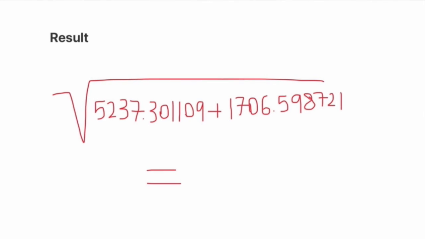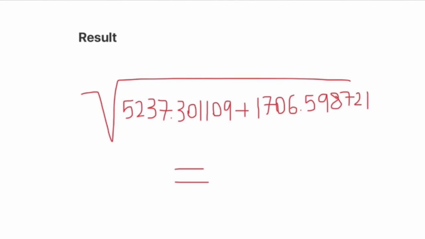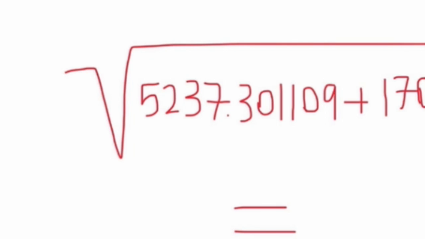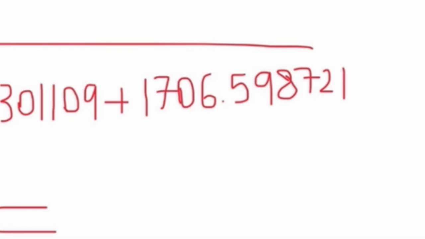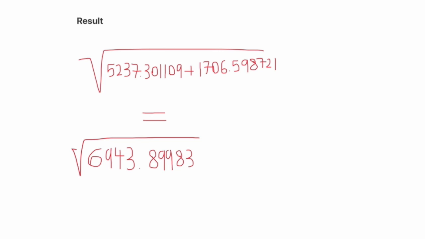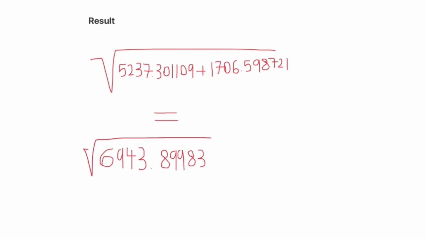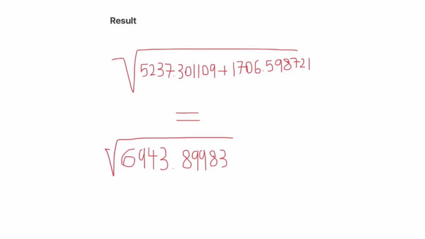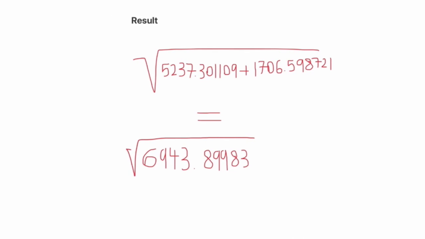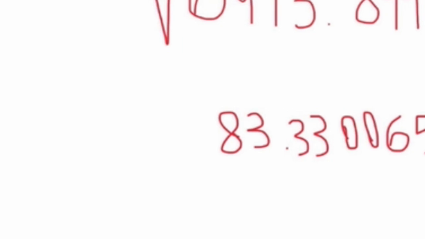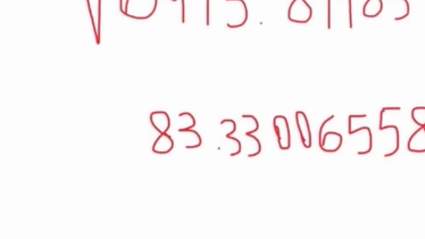Under the square root for the r value, we would get 5,237.301109 plus 1,076.598721, which equals 6,943.89983. The root of that, according to our calculations, would be 83.33006558.